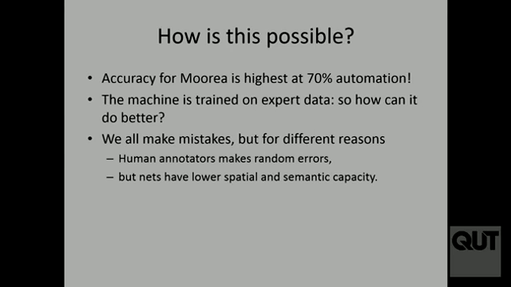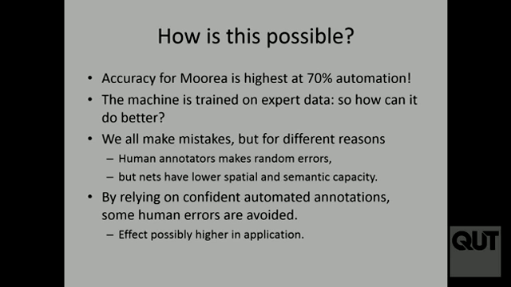And there's a bias towards using labels that you like. If you like certain types of corals, you're a little bit more likely to use those. Of course, the nets will have their own problems, but they are uncorrelated with the other ones. So by rejecting the confident automated annotations, we avoid some of the human errors, and we get a better system.